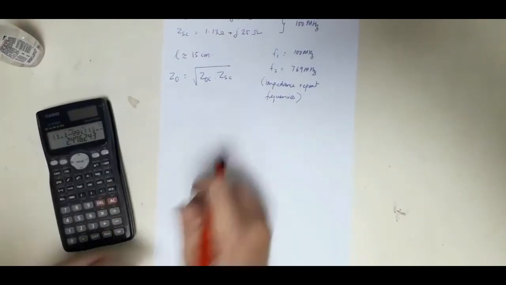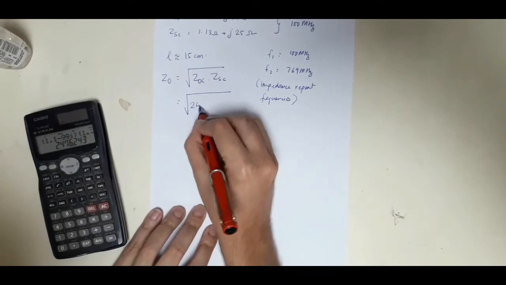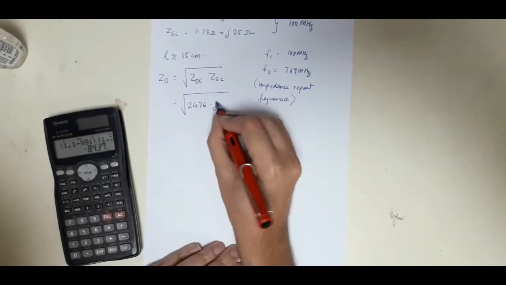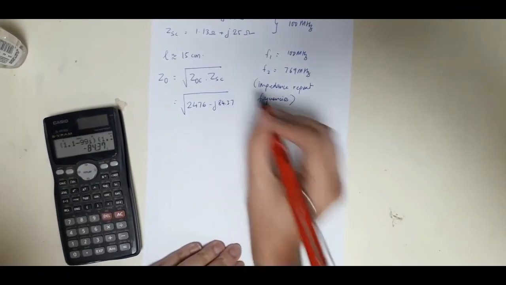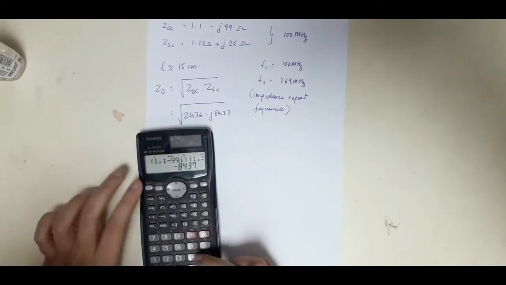So we have got a big complex number, which is something of this kind, 2476 minus J 84.37. So to get the root of this, let us convert this into the polar form.